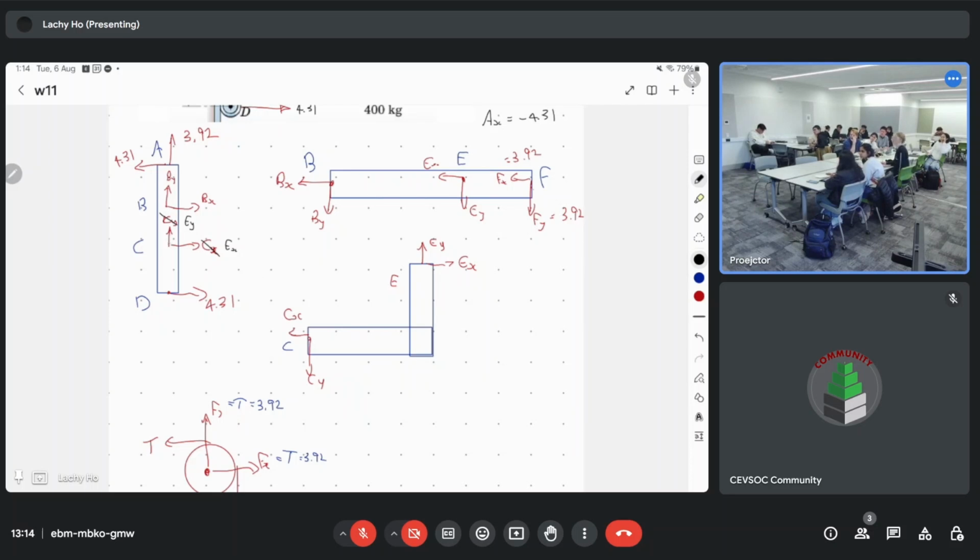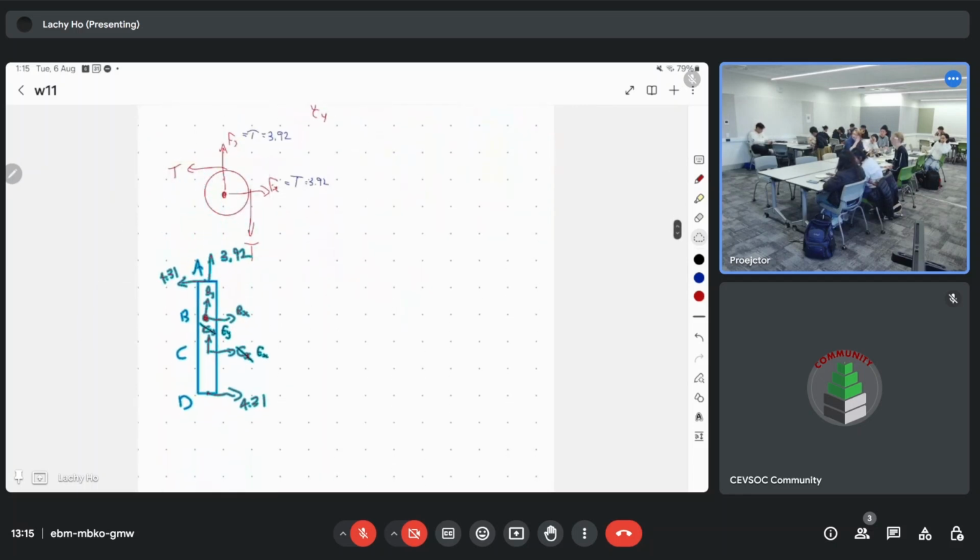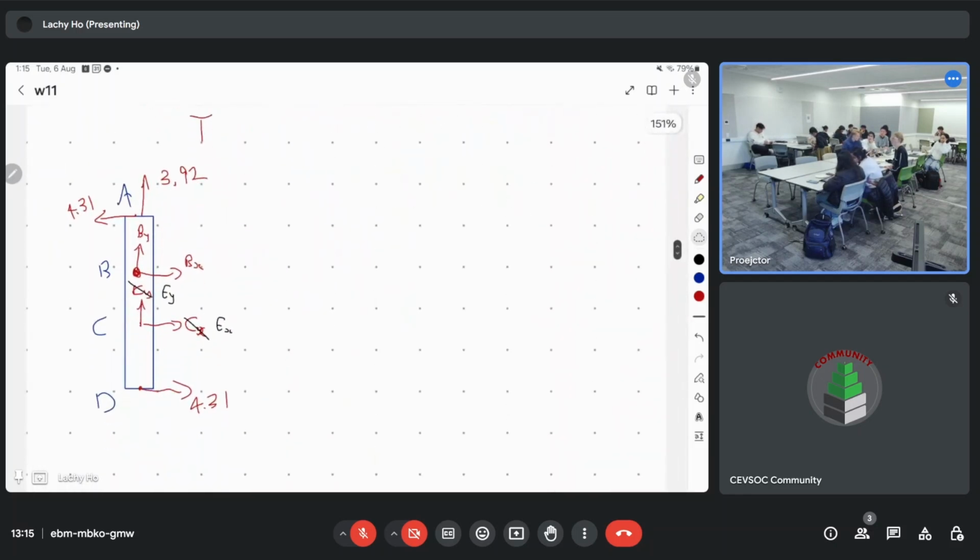So let's take moments at any point. The way I want to take moments is, again, at a point which makes the most unknown forces disappear. If I take moments at this point B here, then it makes it really good, because anything vertical I can just ignore because it has a distance of 0. So now I can ignore By, Bx, and this 3.92. So I'm going to move this diagram. And let's solve.